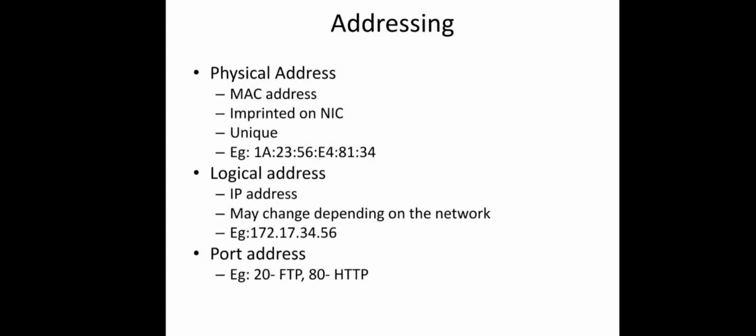When we change our residence, the residential address also will change. Like that, when we change the network in which our machine works, the IP address also will change. But using this IP address, we can easily locate the machine and route the packet appropriately. That is why we are using two different addresses for the same machine.